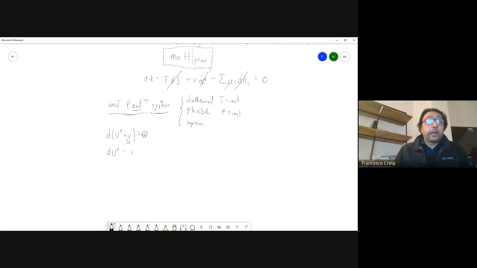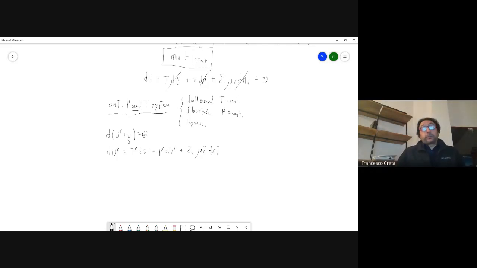So again, I rewrite the whole thing: T dSR minus P dVR plus the sum of mu_i dN_i for the reservoir.